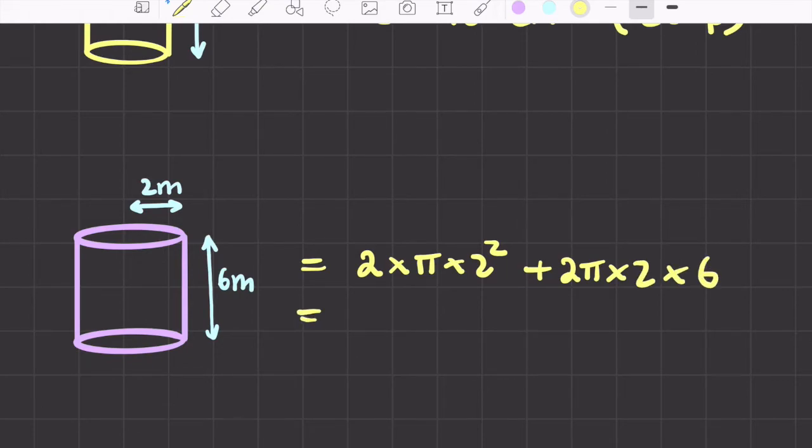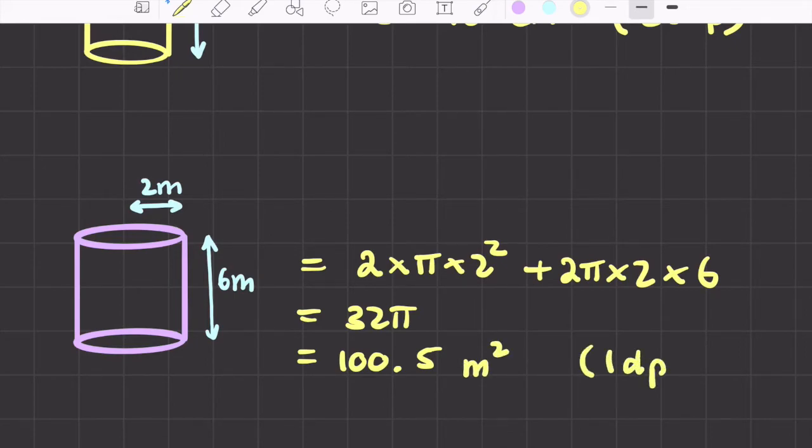Okay, pop that in my calculator, and we're going to get an answer of 32 pi, or if I round it, 100.5 meters squared, and here I've decided to round it to 1 decimal place.